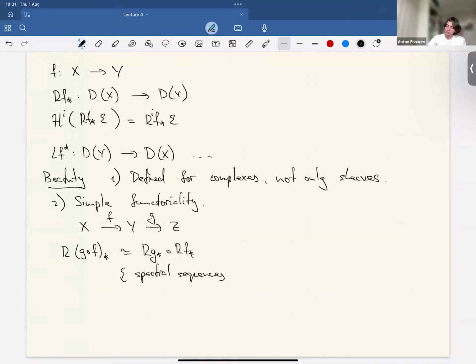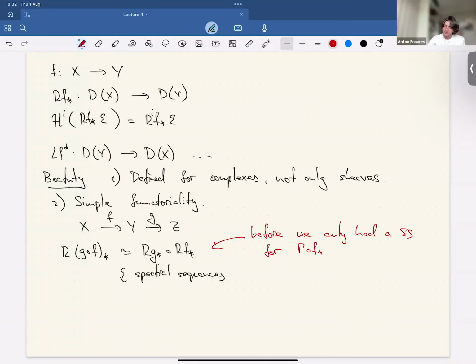Which spectral sequences I will write in a second, but the spectral sequence corollary is maybe not very interesting. What is more interesting is you can have now, so before we only had a spectral sequence for, say, the composition of gamma composed with F lower star, but this is the same as two maps.